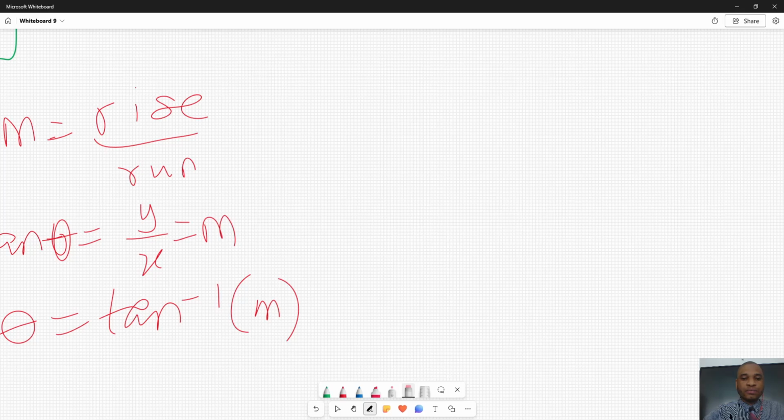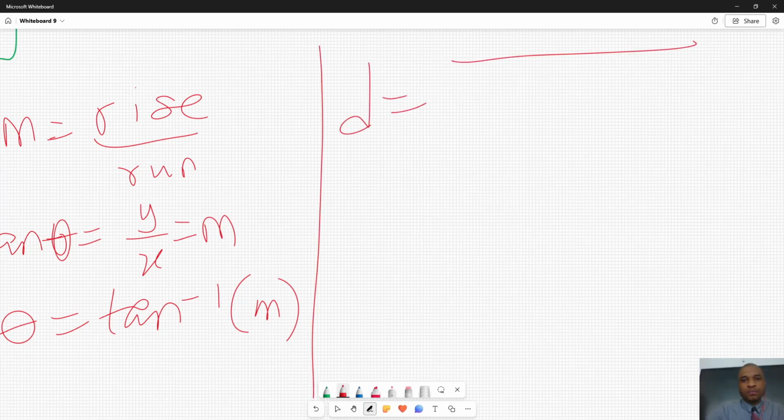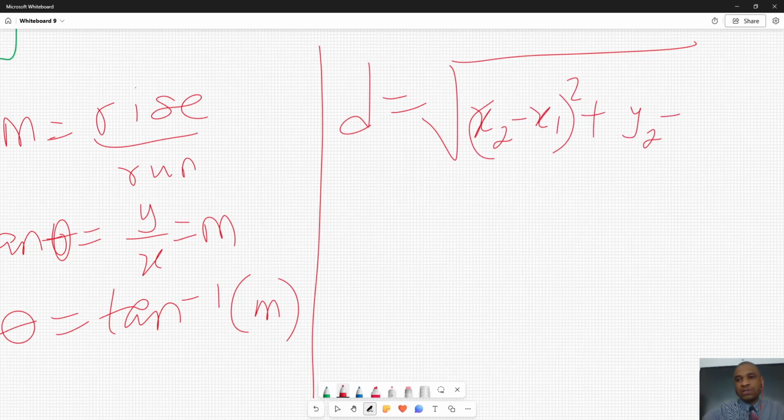Okay, moving on. The distance formula is the square root of (x2 minus x1) squared plus (y2 minus y1) squared. That's the distance formula. We're going to see how we can apply these.